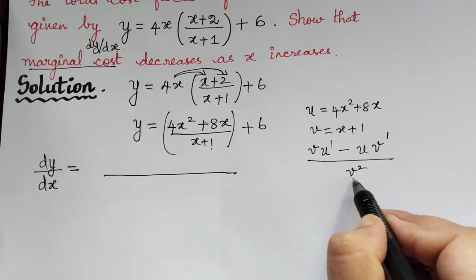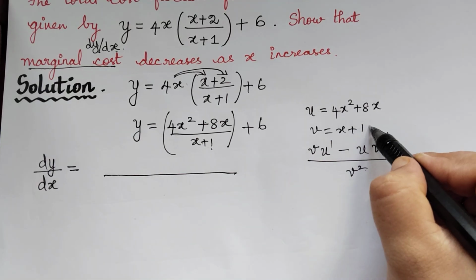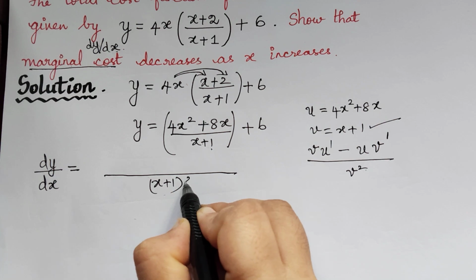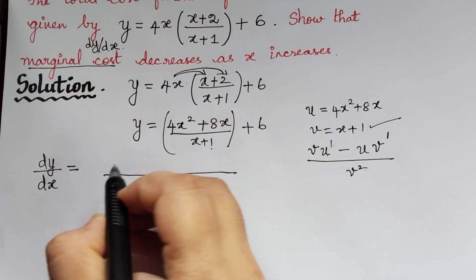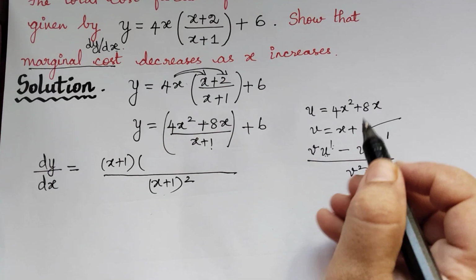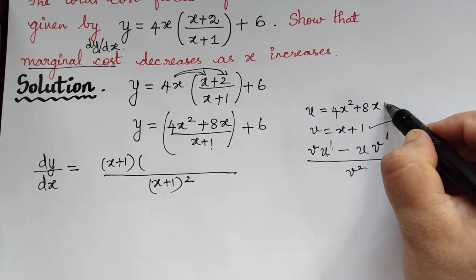Now let us apply this. First we will have v square in the denominator. V is x plus 1, so x plus 1 the whole square. And then v multiplied with u dash. V is x plus 1 multiplied with u dash, the differentiation of u.